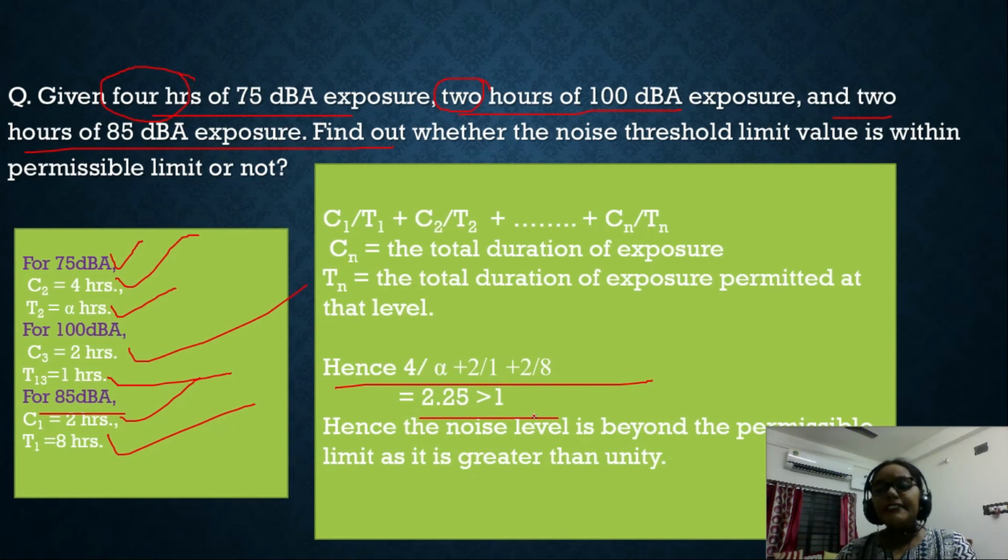These are some of the problems related to the noise threshold limit. You have to practice this portion very well, otherwise you cannot solve the problem, because it is very confusing. What is Cn, what is Tn? You have to practice again and again, otherwise you cannot score full marks.